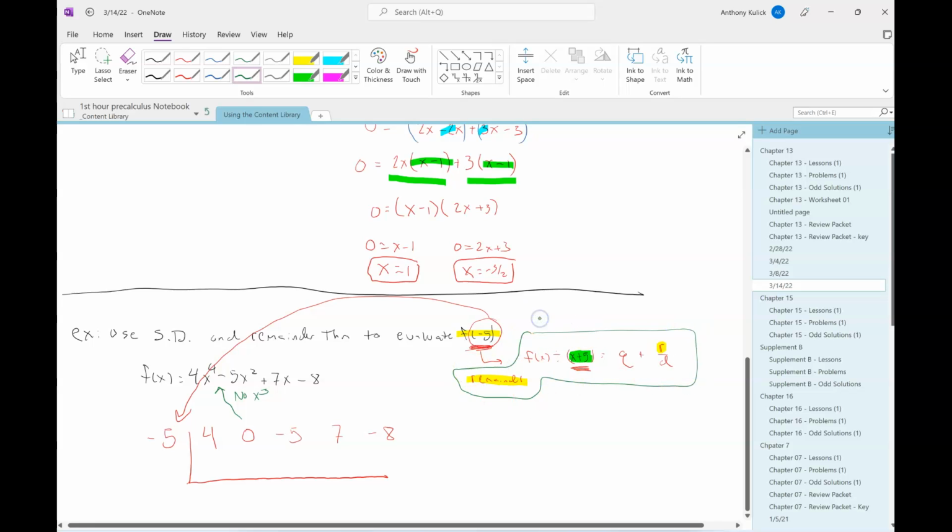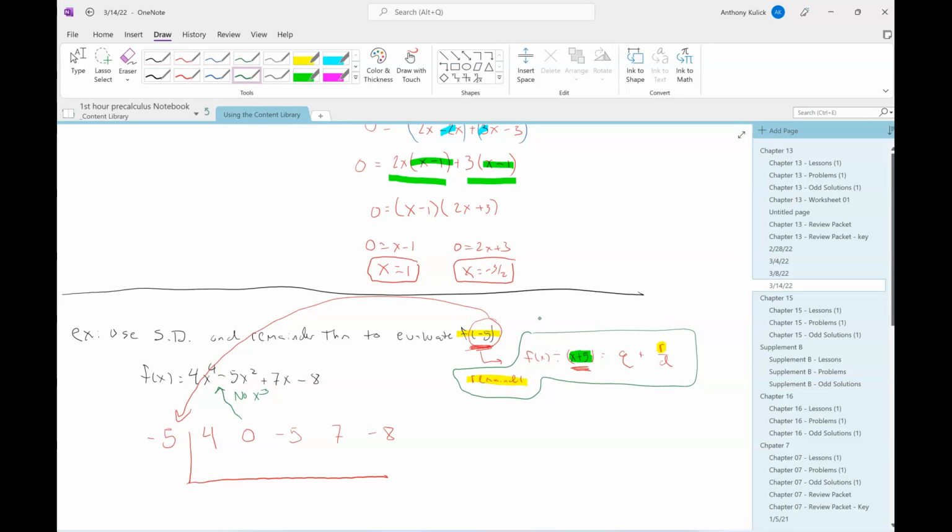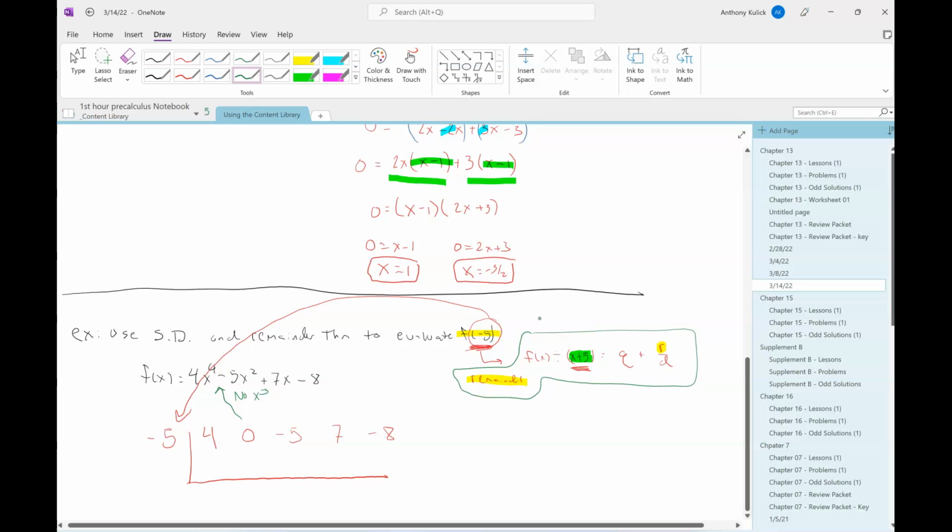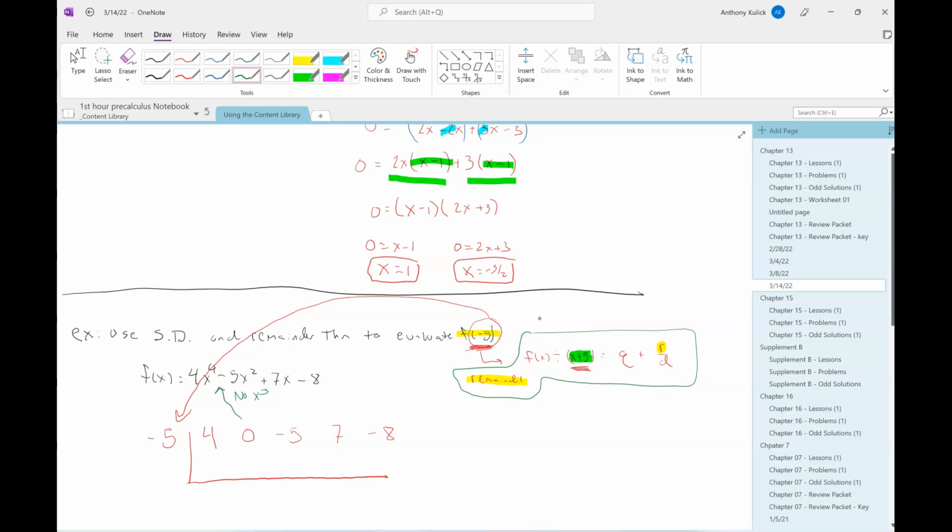This is just me filling in how we're using the remainder theorem. What it boils down to is we're just doing synthetic division on this. I just wanted to recap what the remainder theorem was saying, which says that what you get when you evaluate a polynomial and when you divide a polynomial in a certain way gives you the same number. That's all it's saying. Okay. You're welcome.